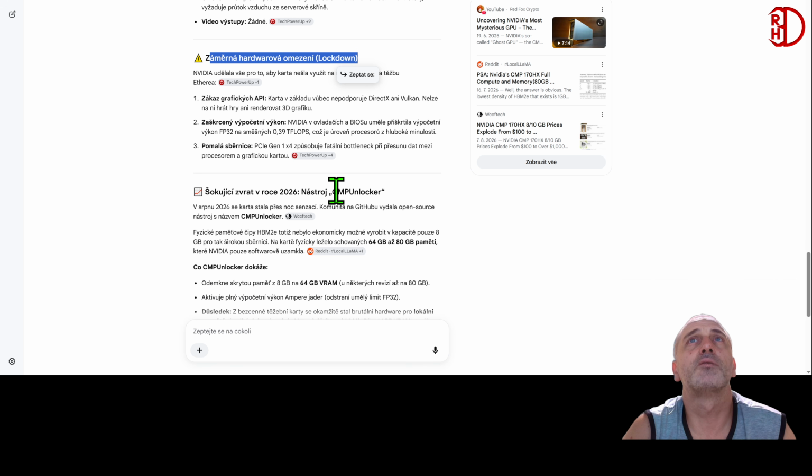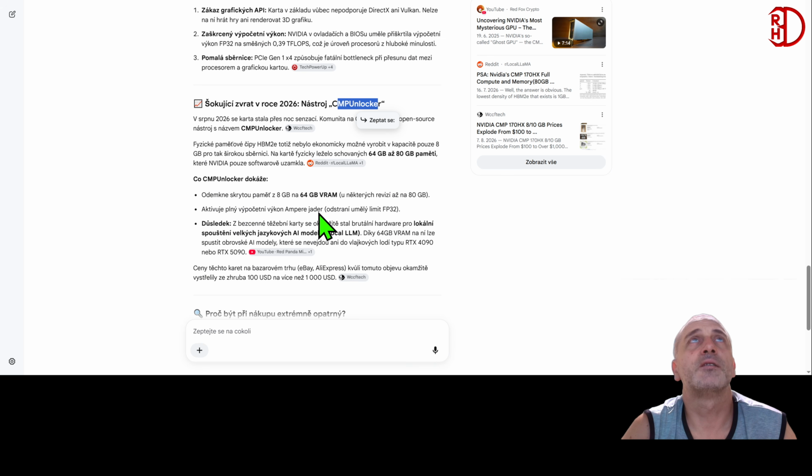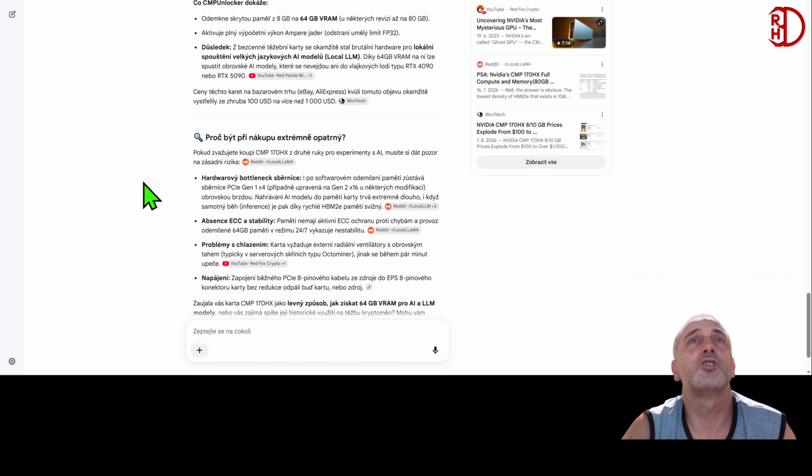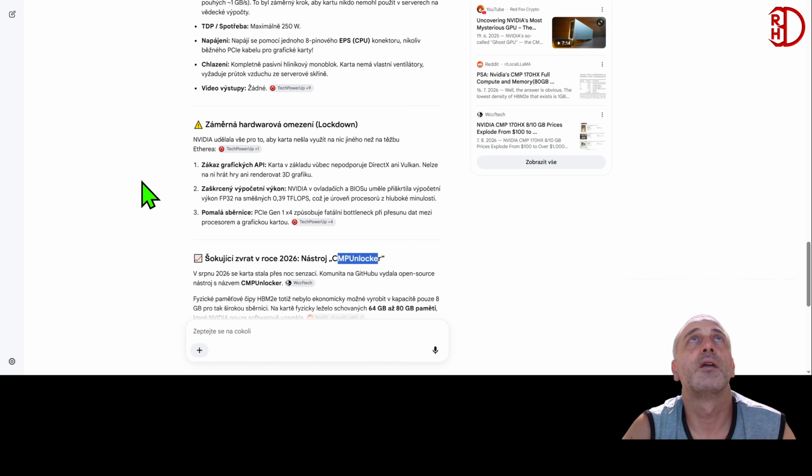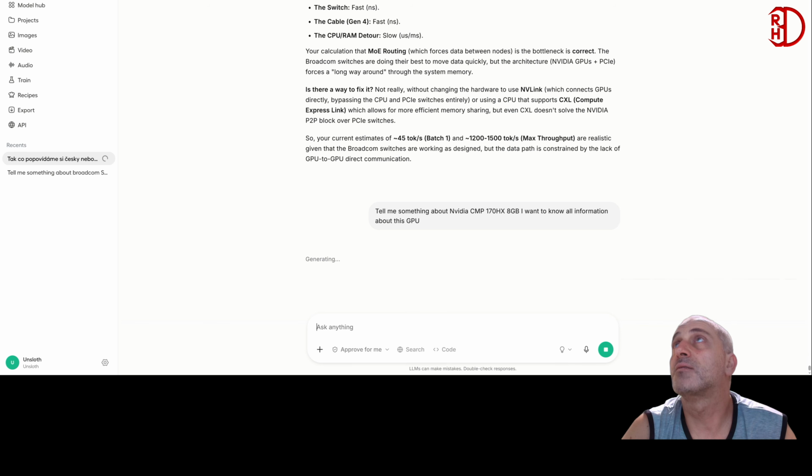Ah, yeah, he knows. CPU unlocker Qwen3.8. Amazing, yeah. Definitely he's speaking Czech. You can see that. So he knows something. That's quite amazing.